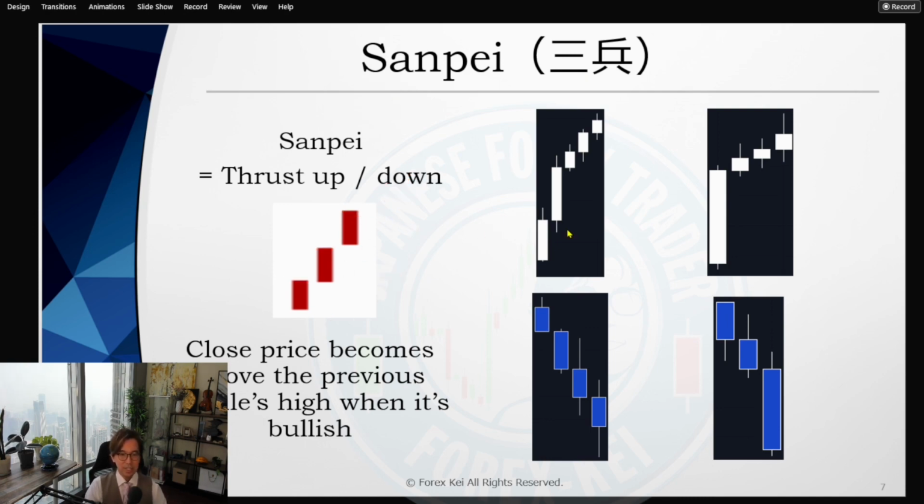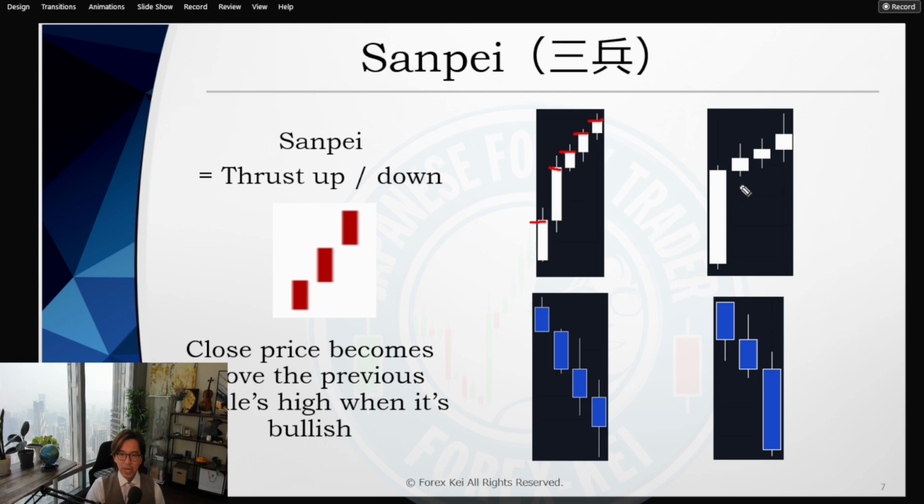So these are some of the examples I found on TradingView. These are not 3 candles, but as you can see, the close price keeps becoming higher than the previous high, and it continues up and up and up like this. So this is Sanpei.